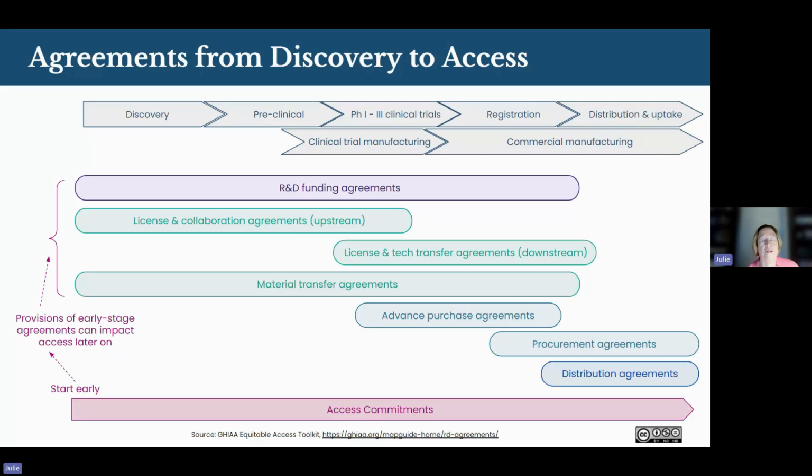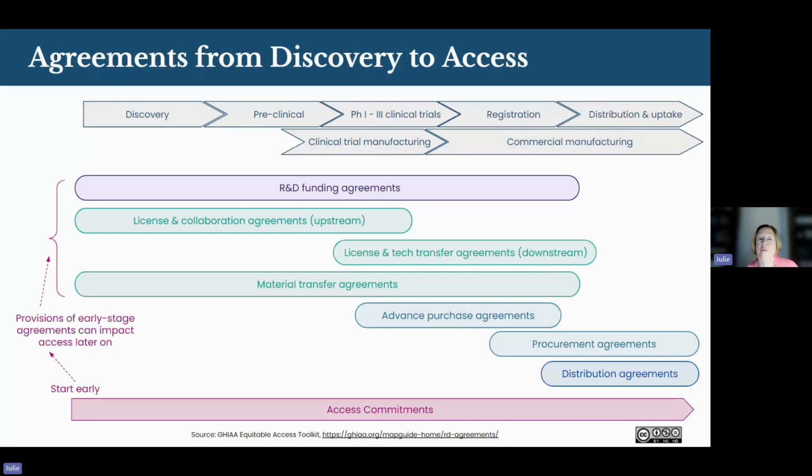They begin that R&D funding process often before they get that license, to enable them to move forward with their development. That is often the first license and the first development agreement that happens.